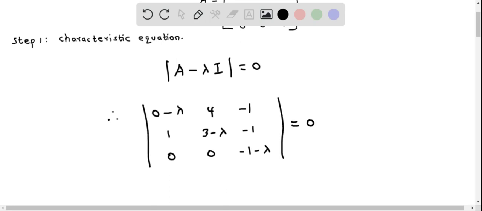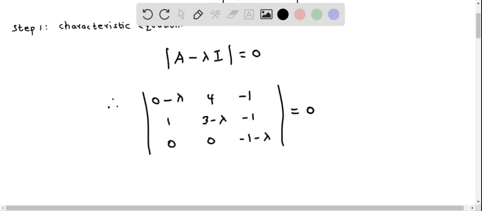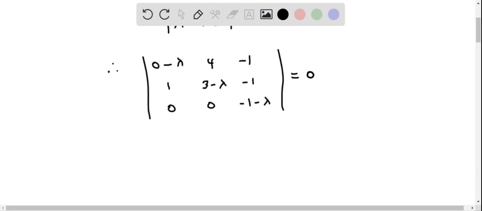So when we expand this determinant, we will get the characteristic equation. I'm going to expand it along the third row because I see that there are two zeros in the third row when compared to the other rows. So when you expand along the third row, I put this element negative 1, negative lambda, then multiply by the determinant obtained by ignoring the corresponding row and column.